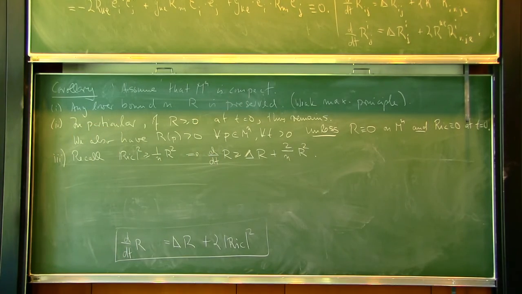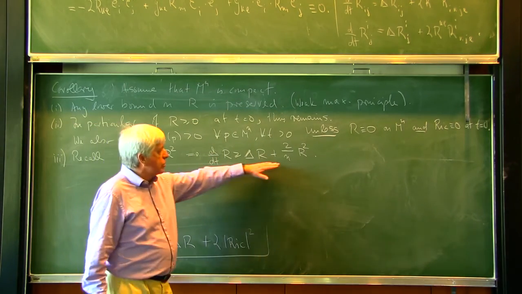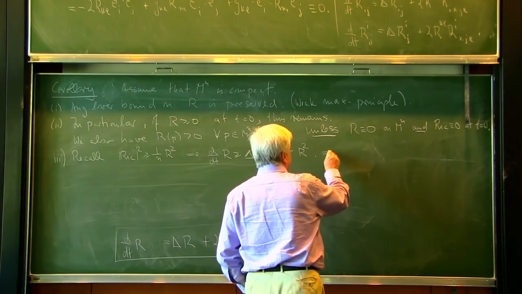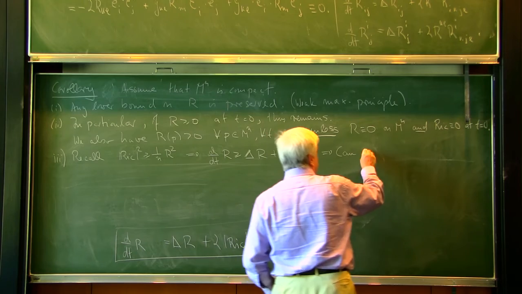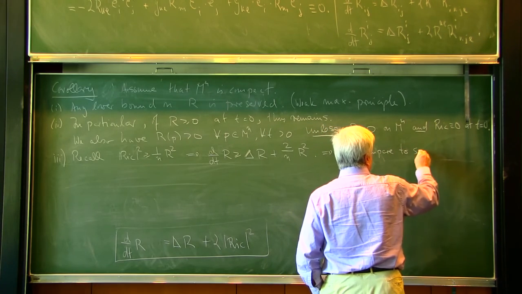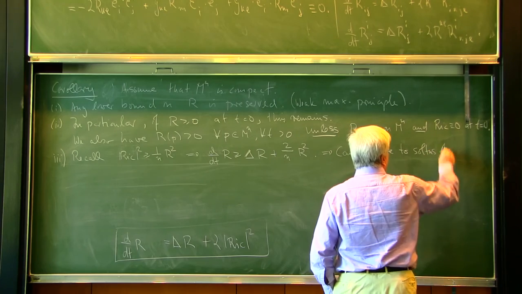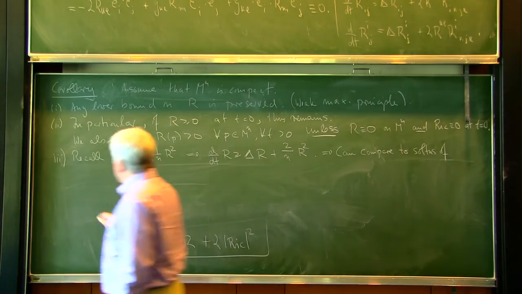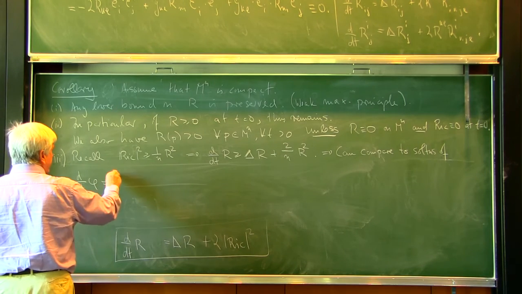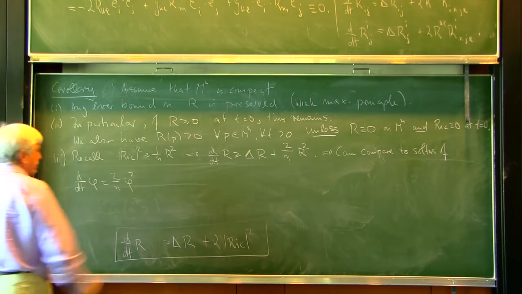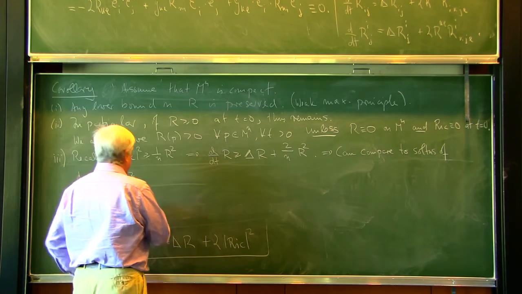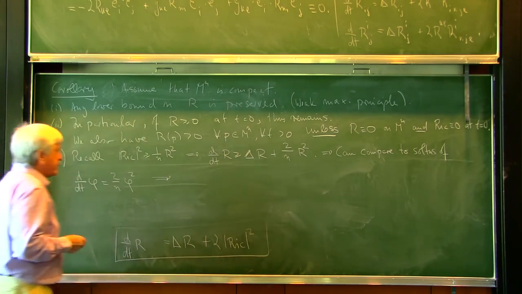And now the maximum principle allows us to make a comparison to the ODE. So this means we can compare by the maximum principle to solutions of d/dt phi equals 2 over n phi squared. And these immediately give us the following statement.